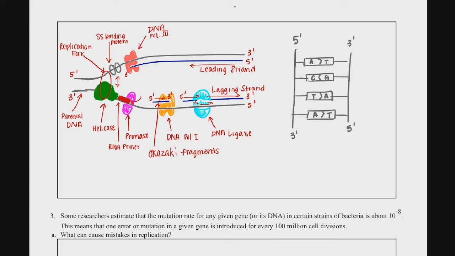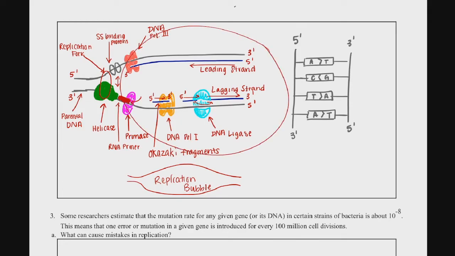And then, like I showed earlier, this is what would be called the replication bubble. And that's basically this whole segment. But that looks really messy, so I'm just going to do that.